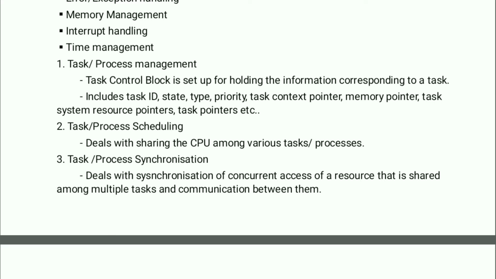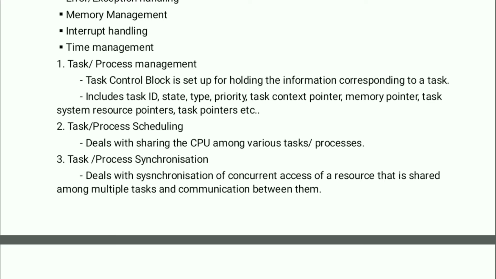For example, if the state is ready, then it means that the task is ready to execute. The next field is the task type. It indicates the type of the task. The task can be hard real time or soft real time, or it can be a background task.